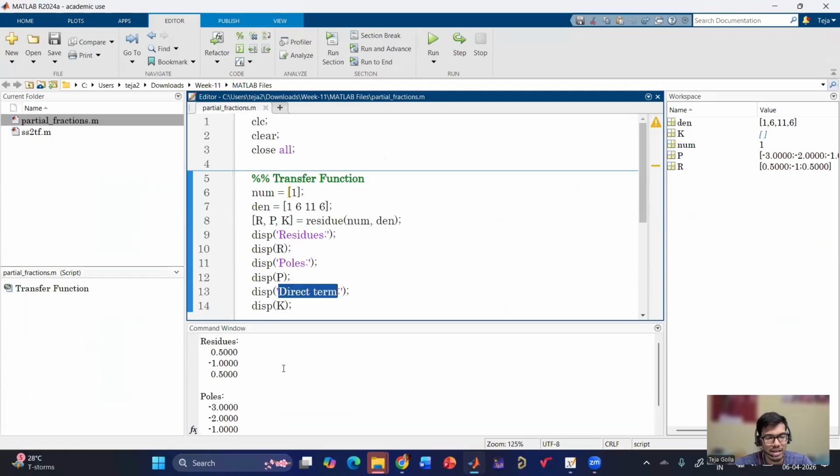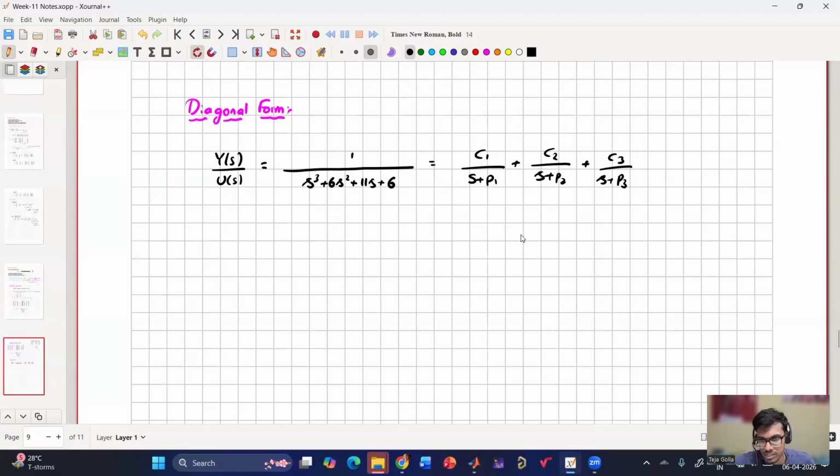If I run that, I will get residues as 0.5, -1 and 0.5, and the poles as -3, -2 and -1. So first let me write C1, C2, C3 as the residues, and P1, P2 and P3 as the poles. The order is very important. If we mess up the order, then we'll get a wrong result.